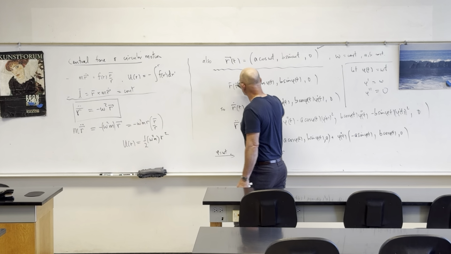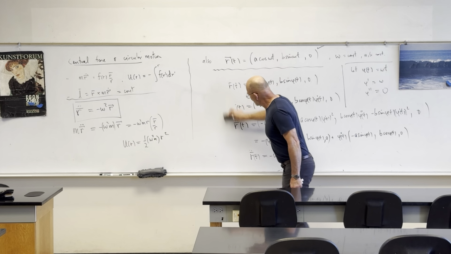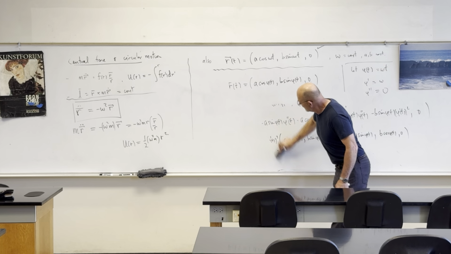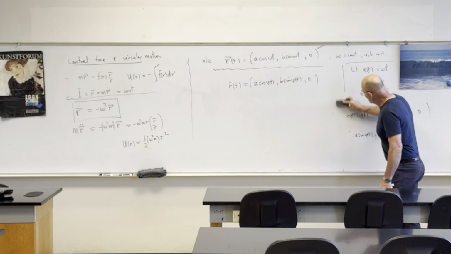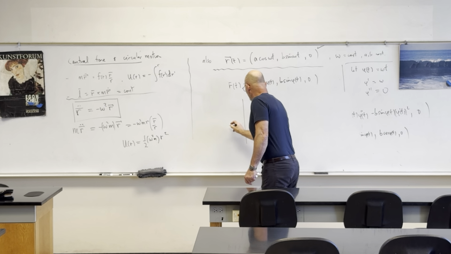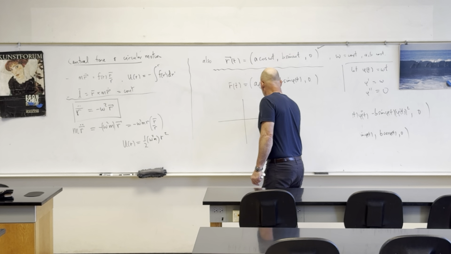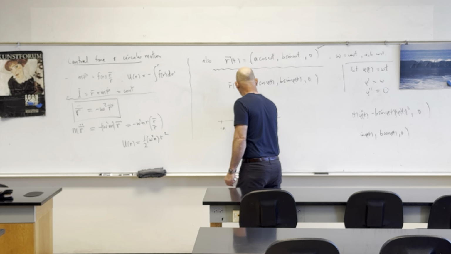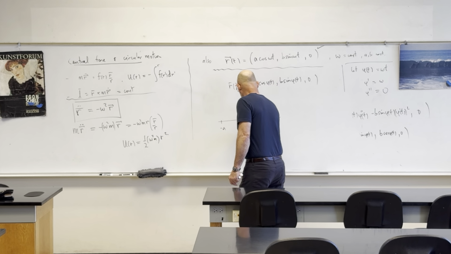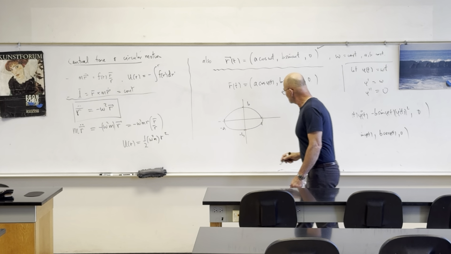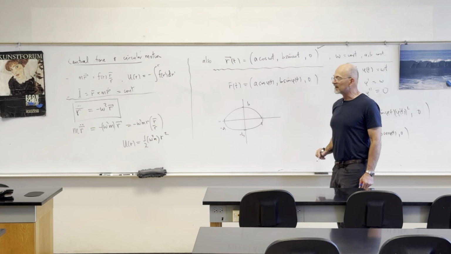I'm going to erase all this stuff here, just to tie all these loose ends together. What we saw was that if we had A and minus A, B and minus B, this was an ellipse.